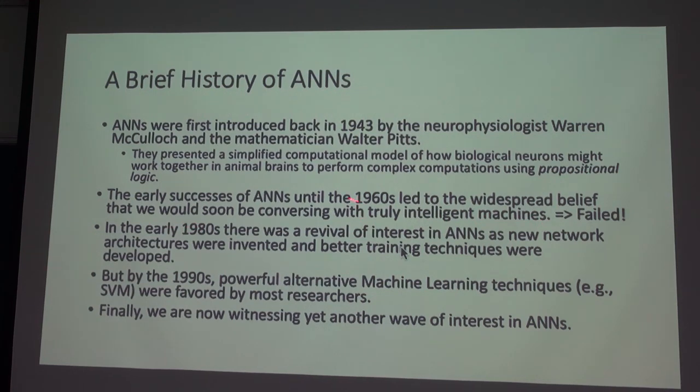About the 1960s, everybody thought so from the early success of ANN. People started to find that the simple ANN can be used to solve some tasks, not very complex, but non-trivial, let me put it this way.